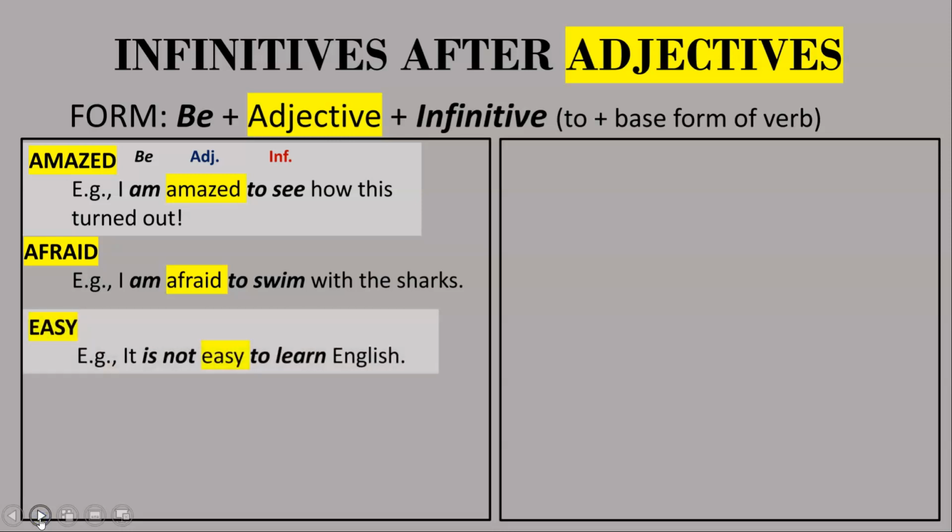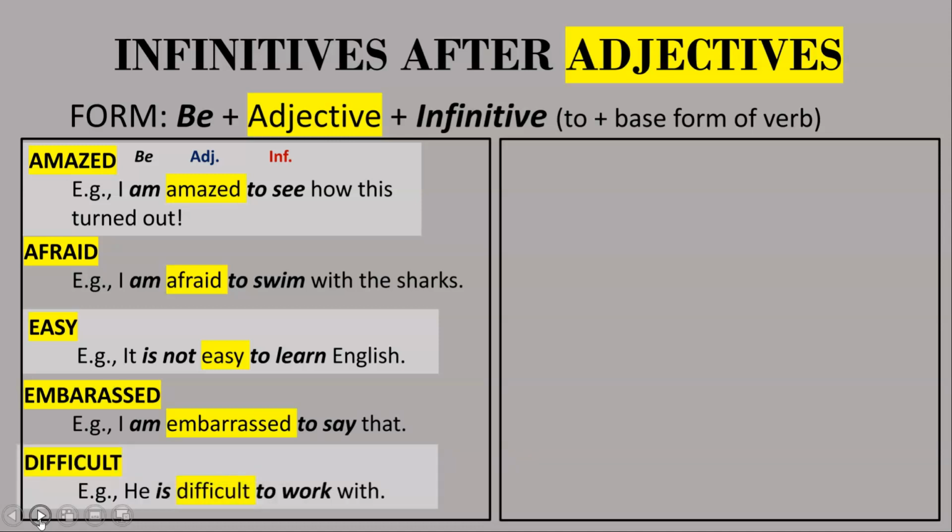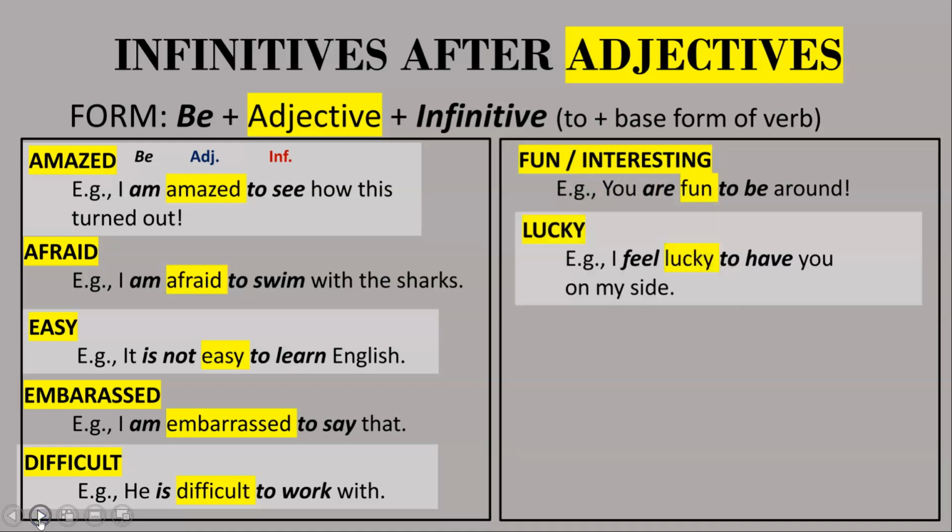Next example, easy. It is not easy to learn English. Embarrassed. I'm embarrassed to say that. Difficult. He is difficult to work with. Fun or interesting. You're fun to be around. Lucky. I feel lucky to have you on my side. Here we go.